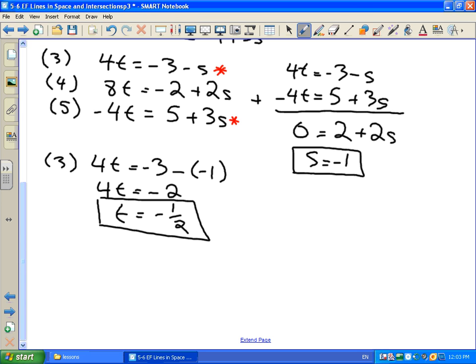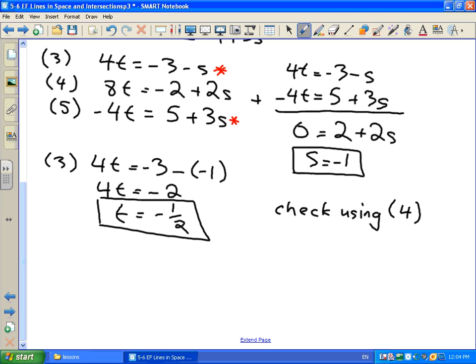Now, if I'm worried that I've made a mistake finding s and t here, I can always check these in the equation that I haven't used yet. So I'm going to check using equation 4. If these both work in equation 4, then I know that I have a unique point of intersection. If they don't work in 4, that's telling me that my two lines are skew.